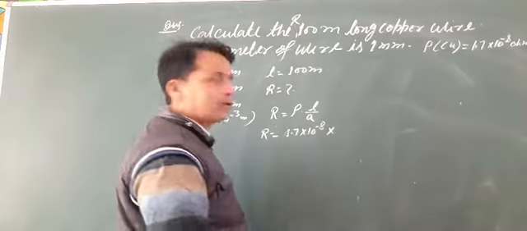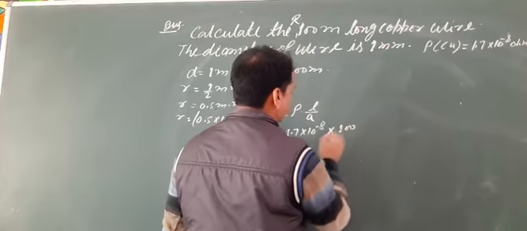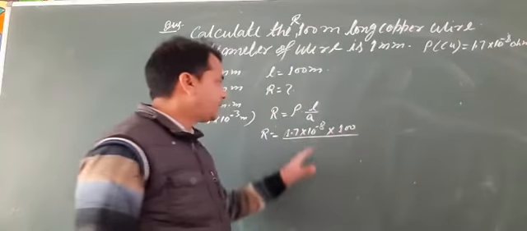So in the place of L, we put 100, divided by the area of cross section.